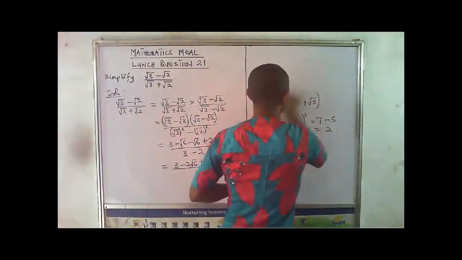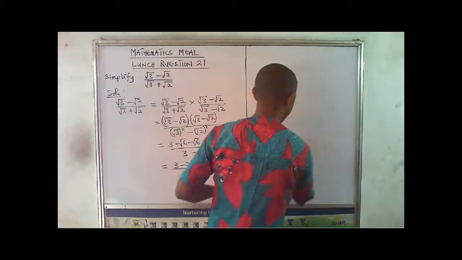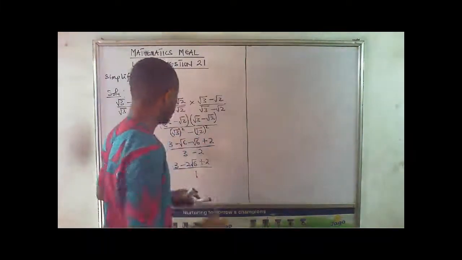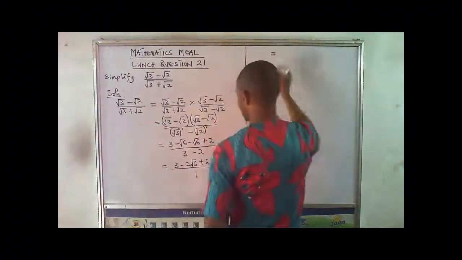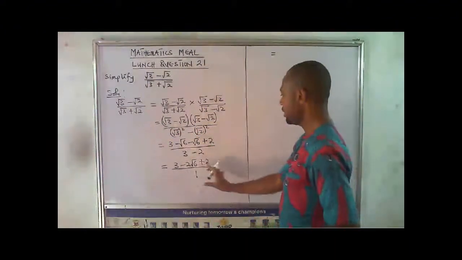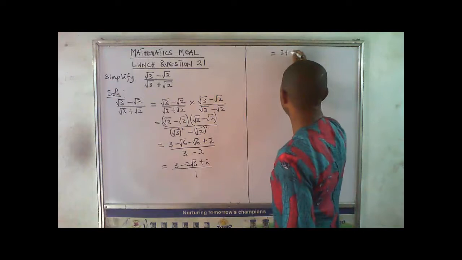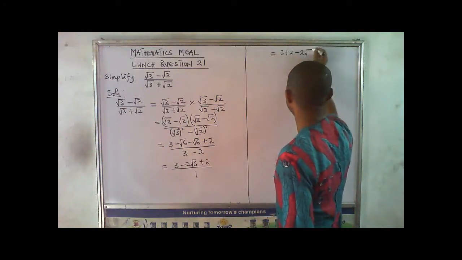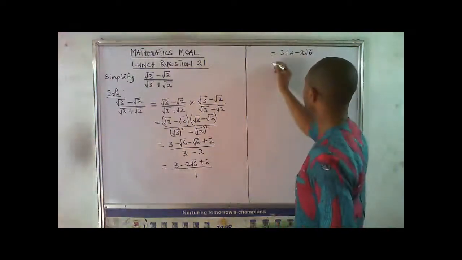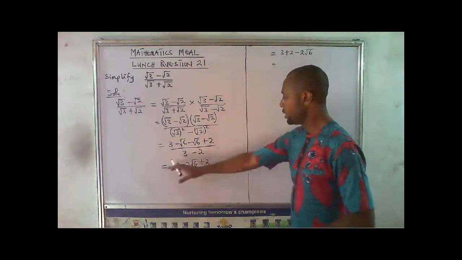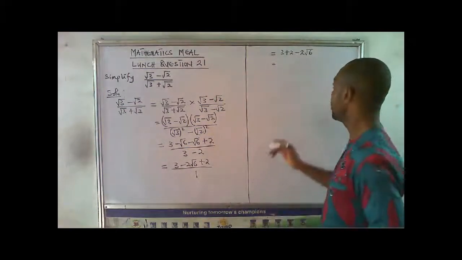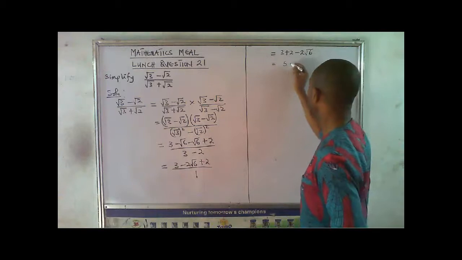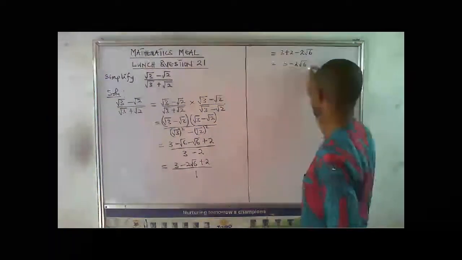So we can go further to say that this will be equal to, then I can add this and this. This becomes 3 plus 2 minus 2 root 6. Remember, when 1 divides this, it still remains the same. So 3 plus 2 will give me what? 5 minus 2 root 6.